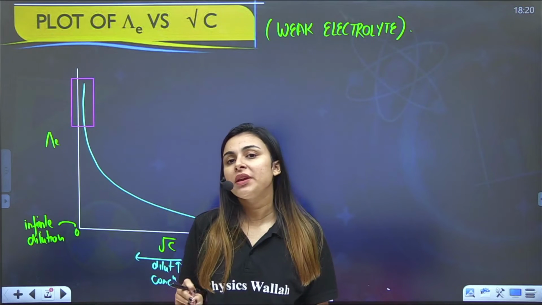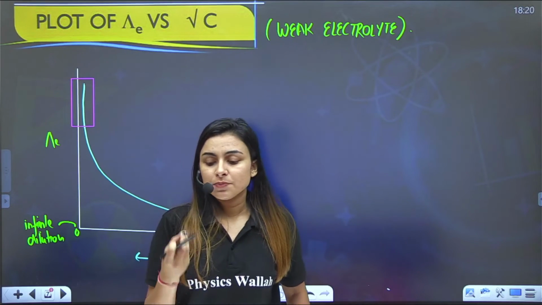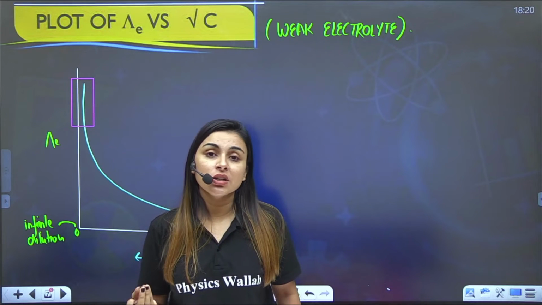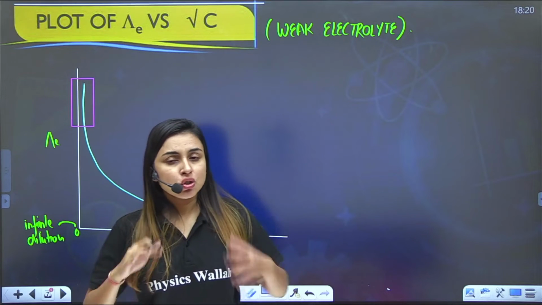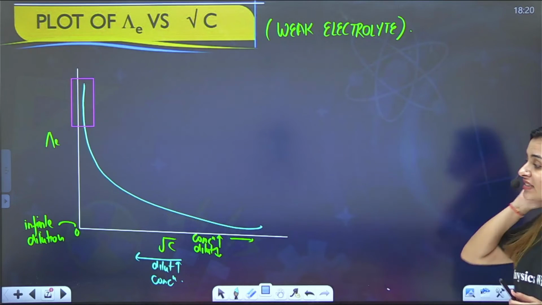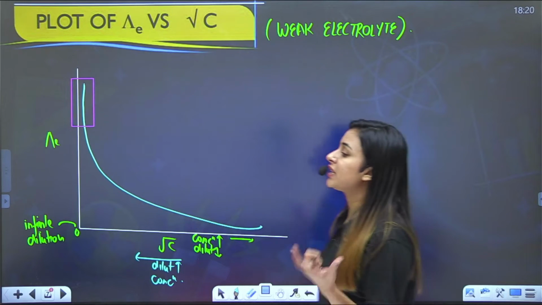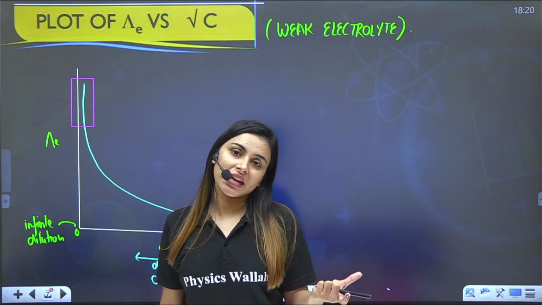And this was a big problem, because we cannot calculate the equivalent conductivity of a weak electrolyte at infinite dilution. So this was a major drawback, and we needed some solution to calculate the equivalent conductivities of the weak electrolytes as well.